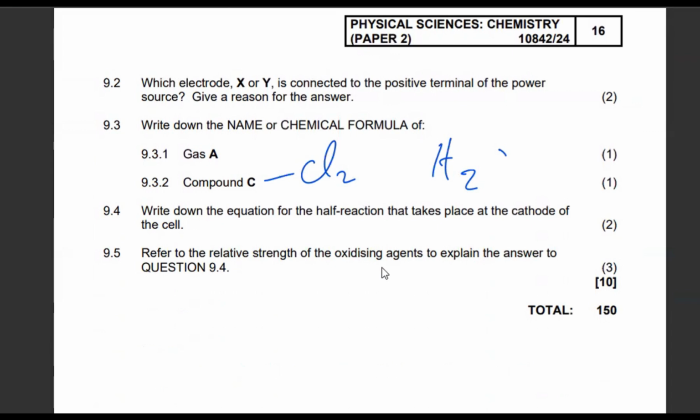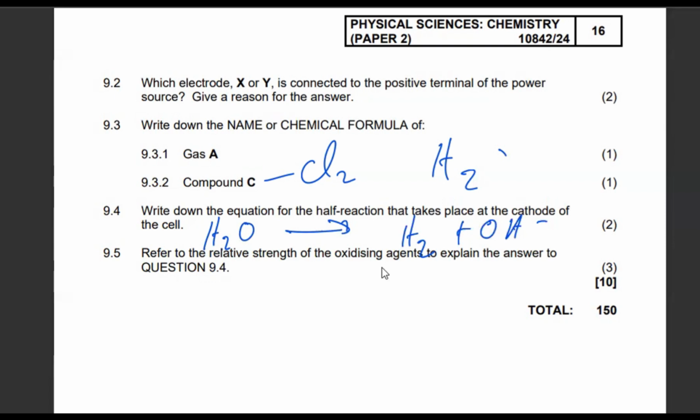At the cathode, hydrogen gas is going to be produced, so it means that water is going to be electrolyzed. Whenever you write H2O, it gives you hydrogen gas plus OH minus.